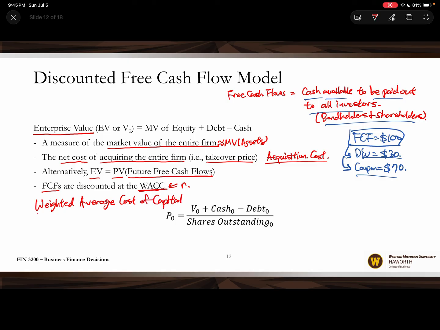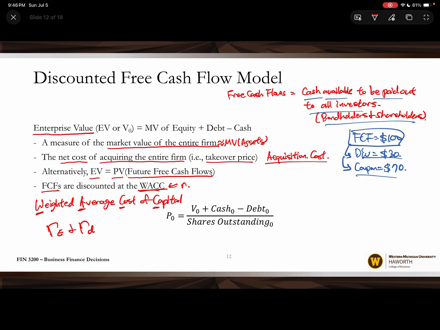I'll show you the formula in a later chapter, but we're taking the weighted average of the RE and the RD.